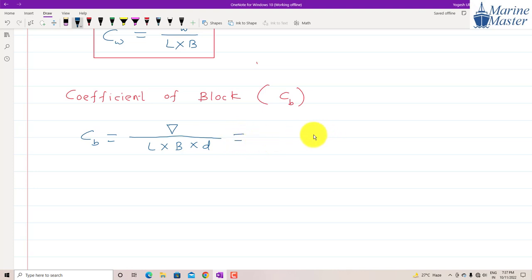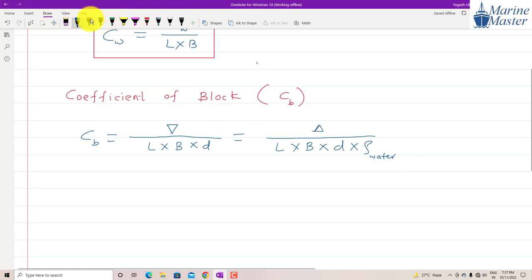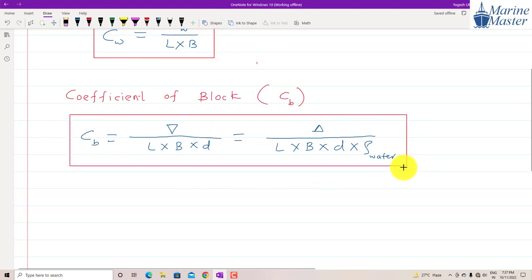Or another relation is displacement delta divided by length, breadth, draft into density of water. It may be fresh water, sea water or river water. The density generally they will give in the question. So this is the other relation for the coefficient of block, guys. Please everyone write down this discussion of the coefficient of block.